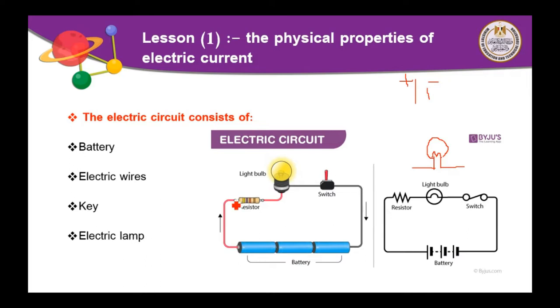Okay. So here I understood the battery can be represented by two straight lines. Electric wires can be represented by a straight line. So this is the wire. Key can be represented by two spheres or two balls as you see in front of you.